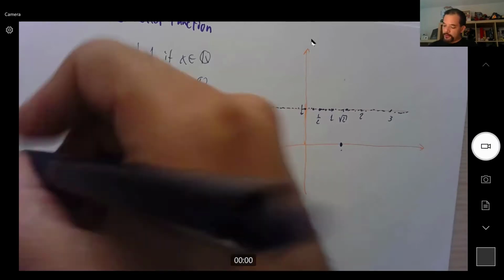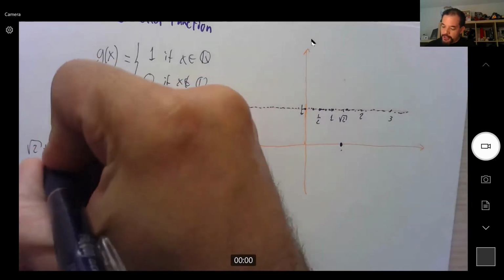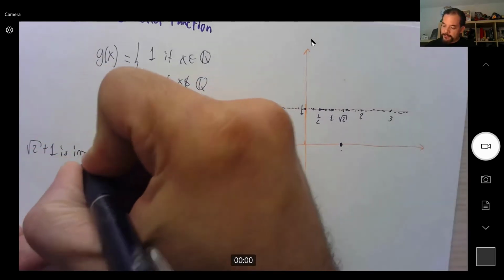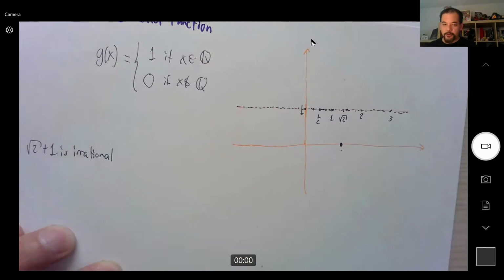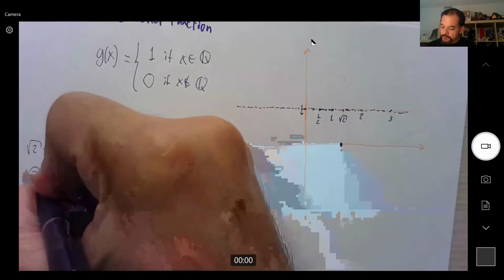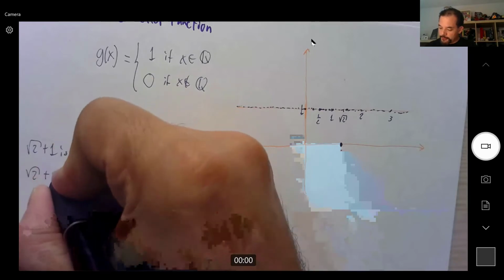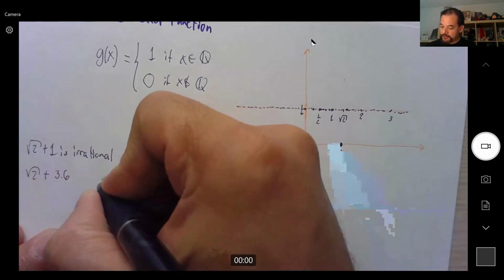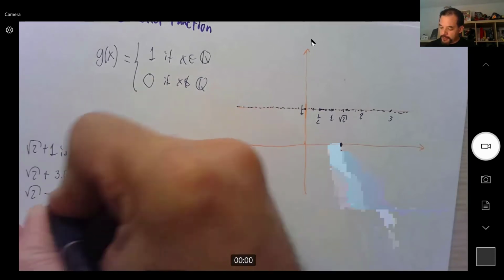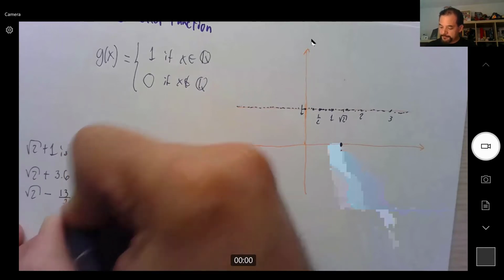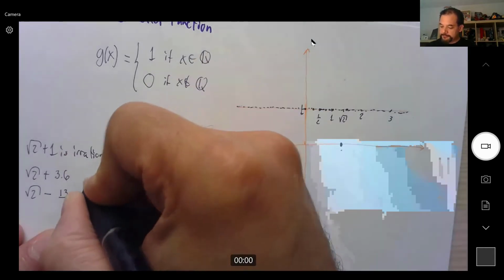So for example, square root of 2 plus 1 is irrational. We talked about it, it was one of the elements in your quiz, right? But you can do it with any other one, like square root of 2 plus 3.6. That's also irrational. Or square root of 2 minus 13/7. All of these are irrational.